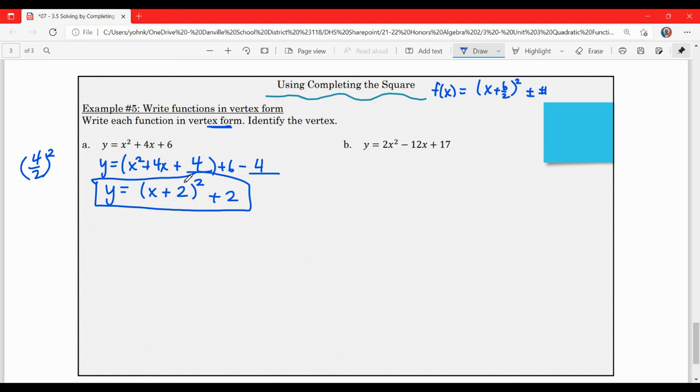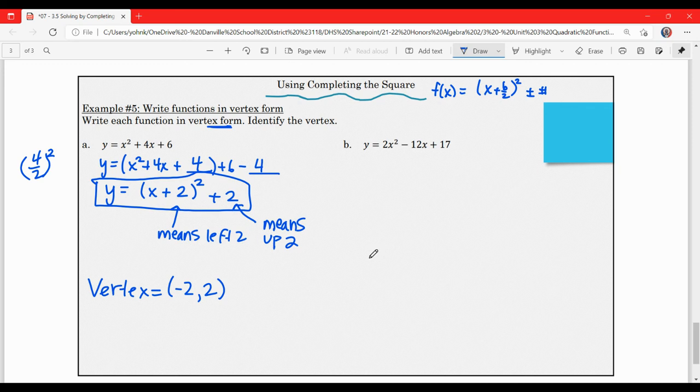This plus 2 on the inside means to go left 2. And this plus 2 on the outside means to go up 2. That's why our vertex is negative 2, 2: left 2, and up 2.